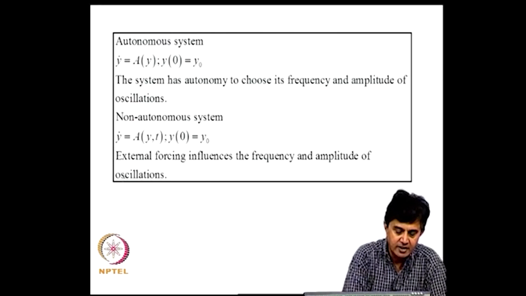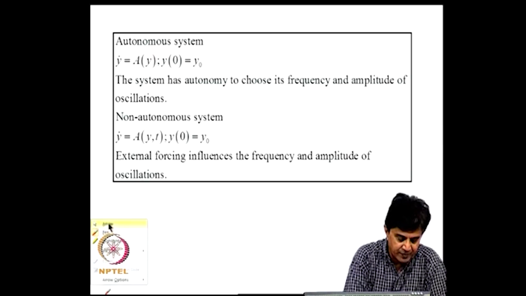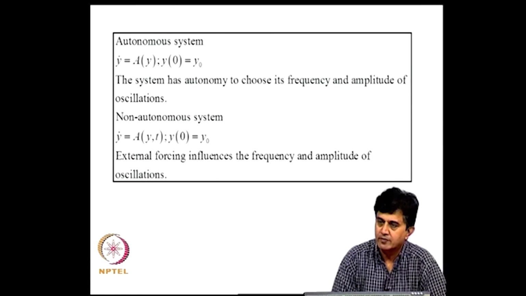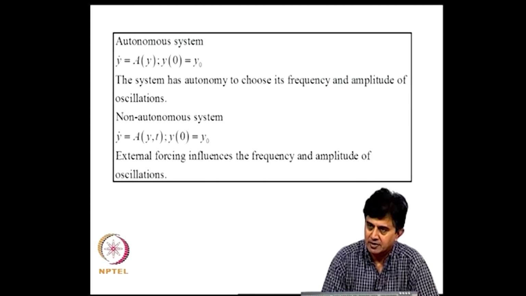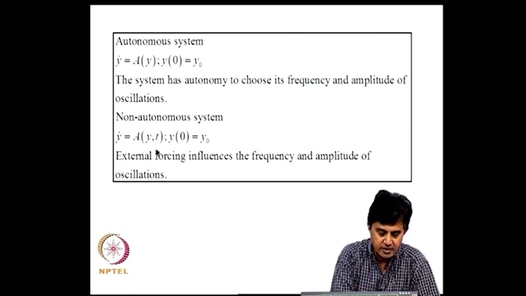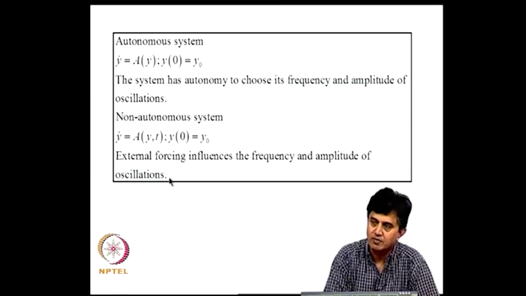On the other hand, if a linear system is driven externally by a harmonic force at say a frequency capital lambda, even if the system natural frequency is omega, in the steady state the system will be obliged to oscillate at lambda. So, it does not have the autonomy to decide its own frequency. In such systems, A in the representation that we have used will be a function of time. So, external forcing influences the frequency and amplitude of oscillation.